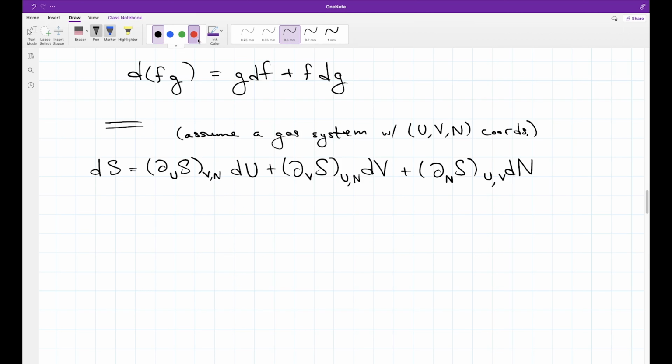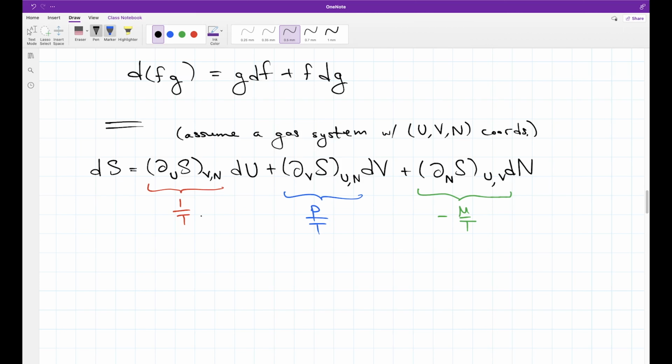Okay, the key here is that we know what all of these quantities are. This is 1 over the temperature. We've encountered it before. This is the pressure over the temperature. And this is minus the chemical potential over the temperature.